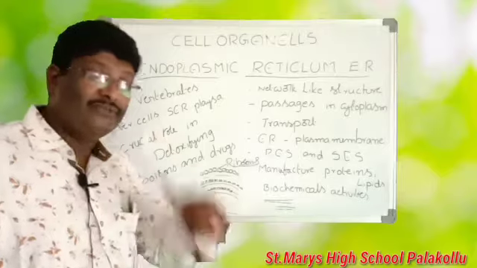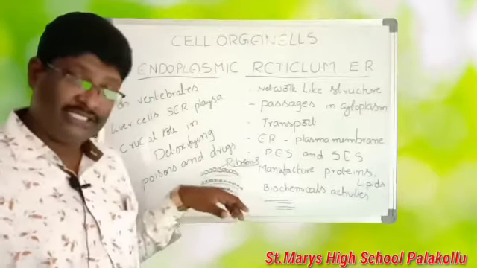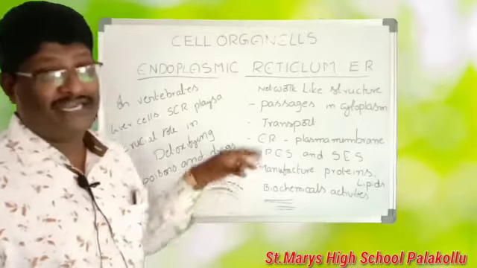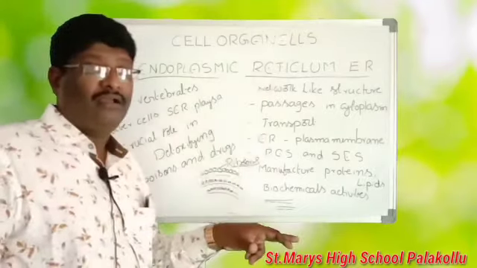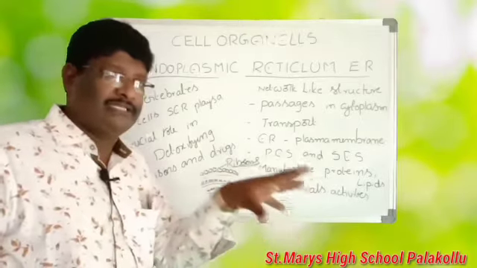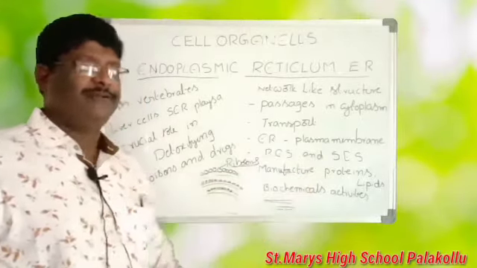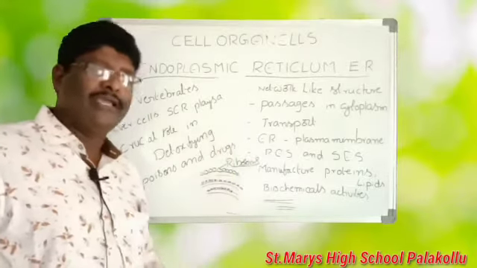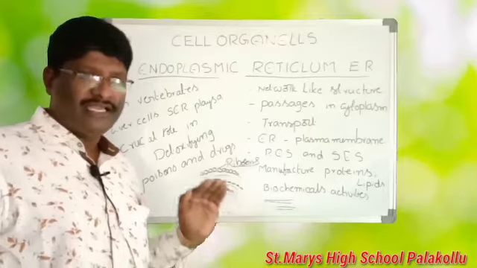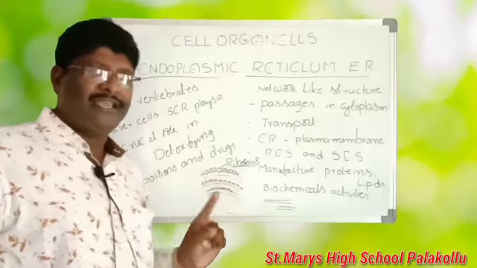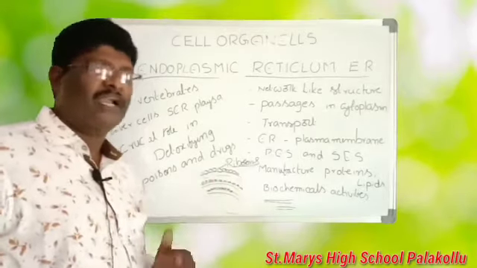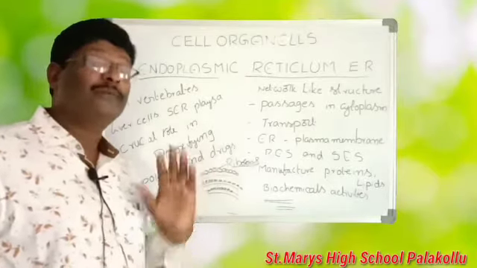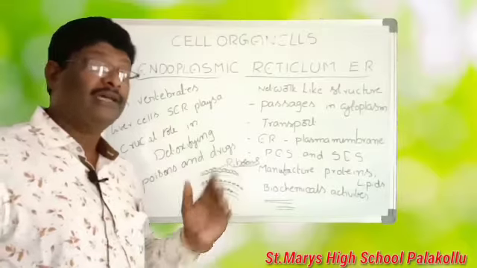That is the main purpose in vertebrates with the help of this endoplasmic reticulum. This endoplasmic reticulum is spreading throughout the cell. Where is it? In the cytoplasm. It is a channel-like structure. It has two layers. The first layer is rough in nature. The second layer is smooth in nature. According to that, the endoplasmic reticulum has two types: rough and smooth.